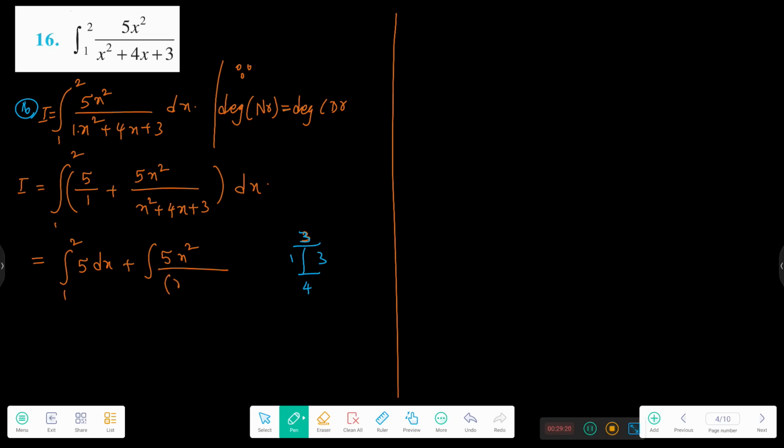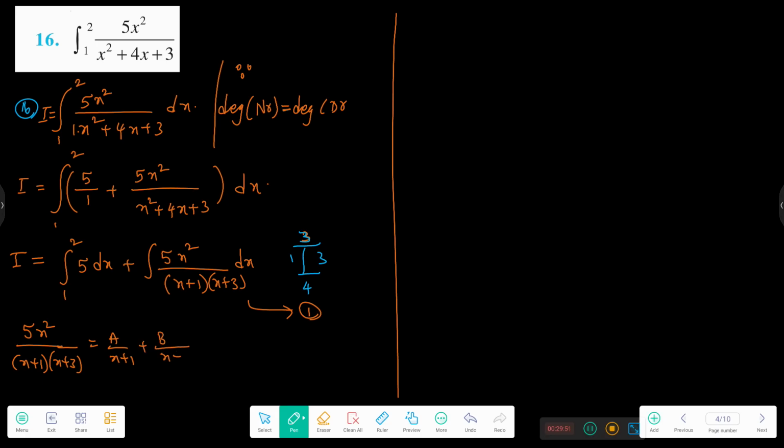So we get (x + 1)(x + 3) dx. Then you can go by partial fraction: 5x² divided by (x + 1)(x + 3) is A divided by (x + 1) plus B divided by (x + 3).